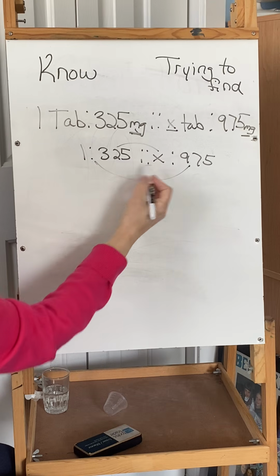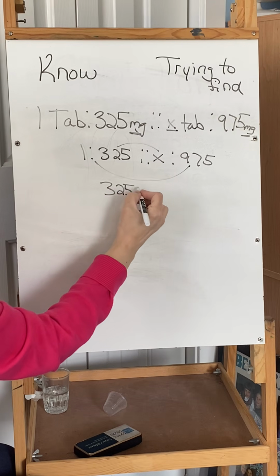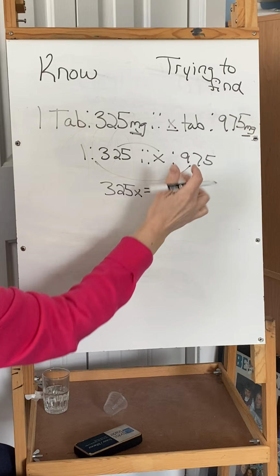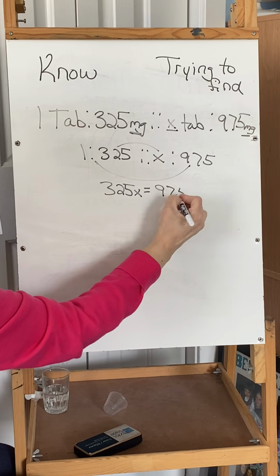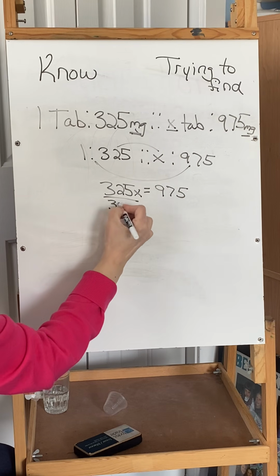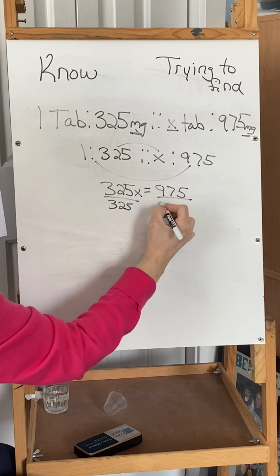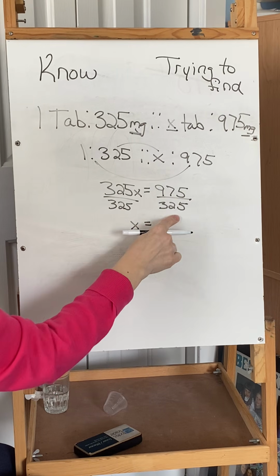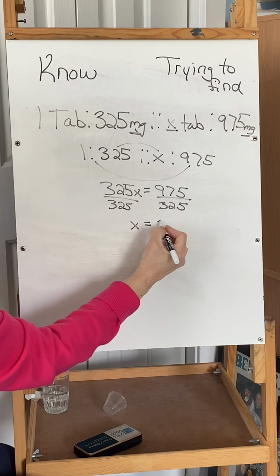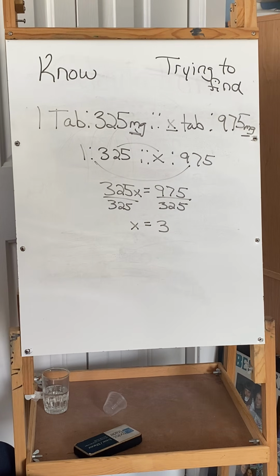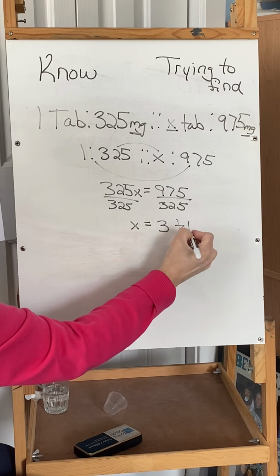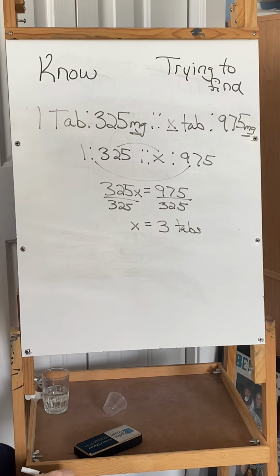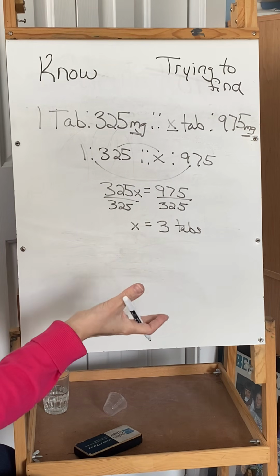Put your X on the left. 325X is equal to 1 times 975, which is 975. Divide by 325. Do it on both sides. And X, when you divide 325 into 975, even if you use your calculator, you're going to get 3. Okay? You could do it this way if you wanted to double check yourself.